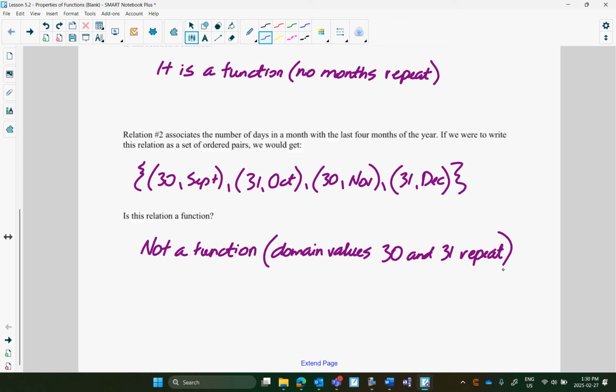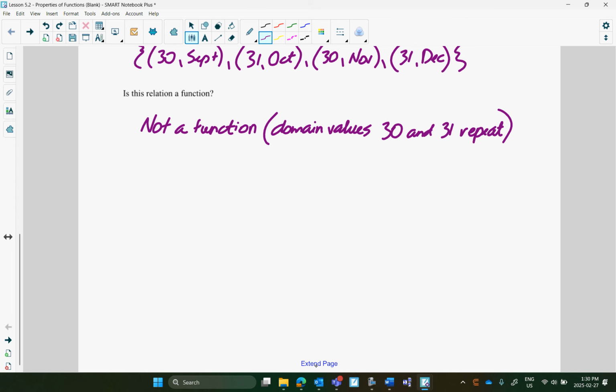So we don't necessarily have to write this down because we're going to see it. But when we have a set of ordered pairs, if we're showing a relation as a set of ordered pairs, the first values or words will be the domain.